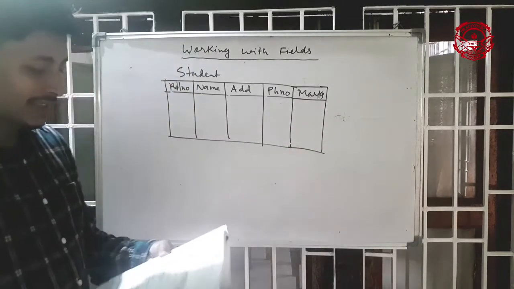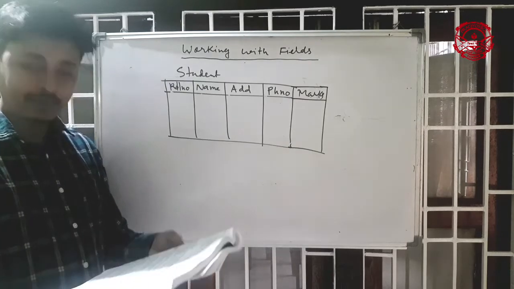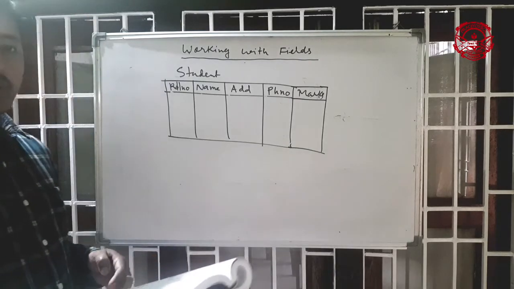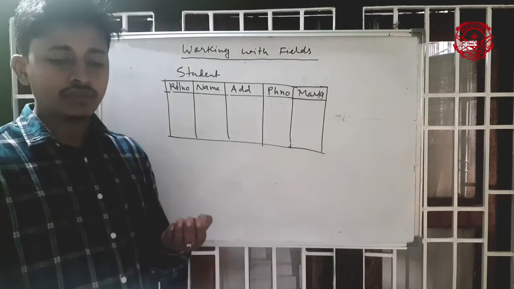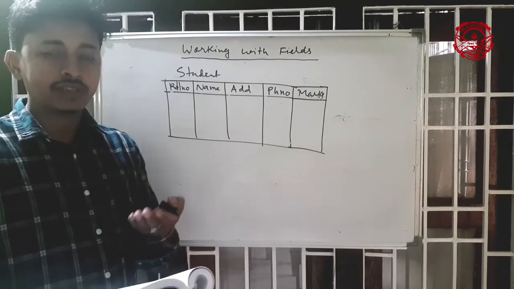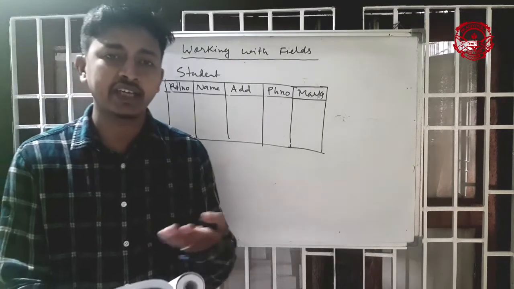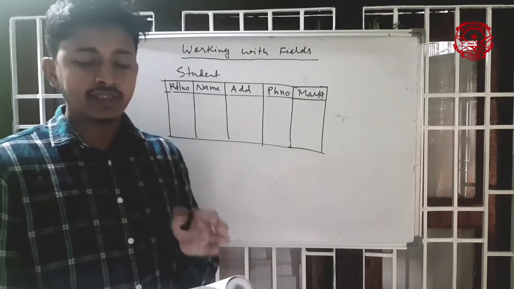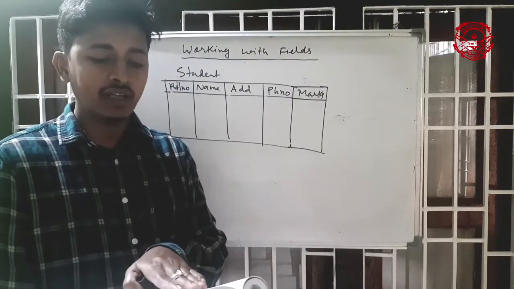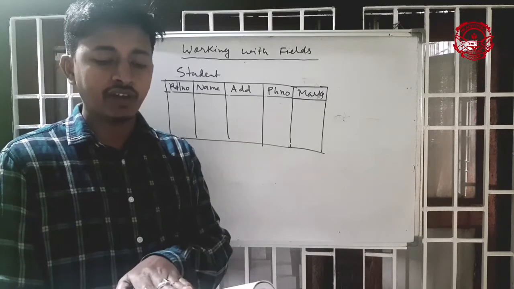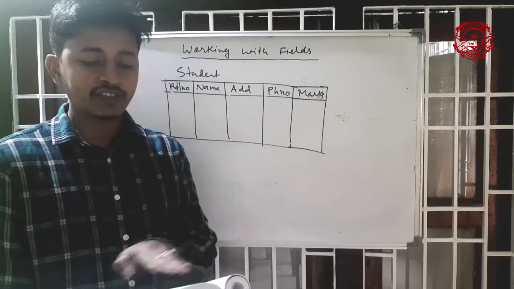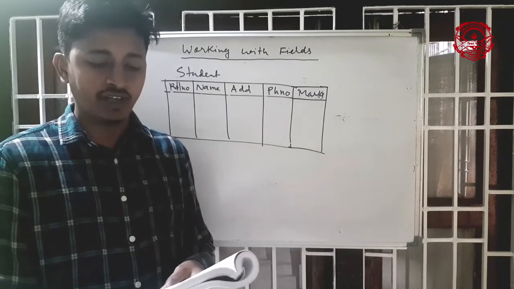So in the chapter, on page number 181, you can see working with fields. Now see, in the book, sometimes you need to change the table design after creating a table. In the datasheet view, you can add a field, delete a field, rename a field, move a field, and change the data types of a field.